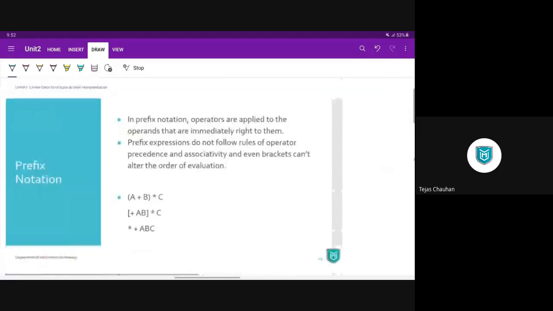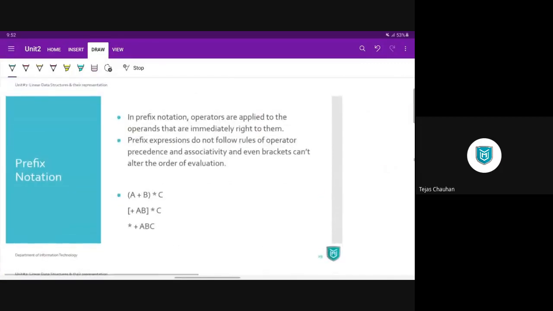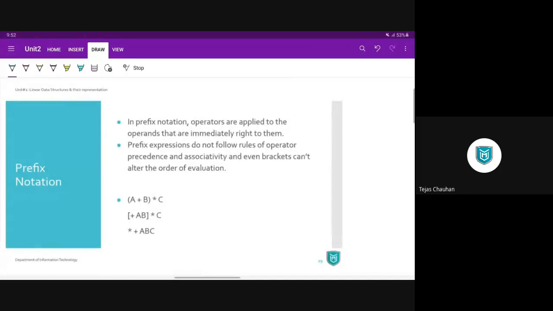Next, actually, what we want to see is the prefix notation. We have seen the postfix one, and now we want to understand prefix. So for the infix expression A plus B, if we want to convert this to postfix, then what we do is we bring these operands, and then we append the operator.